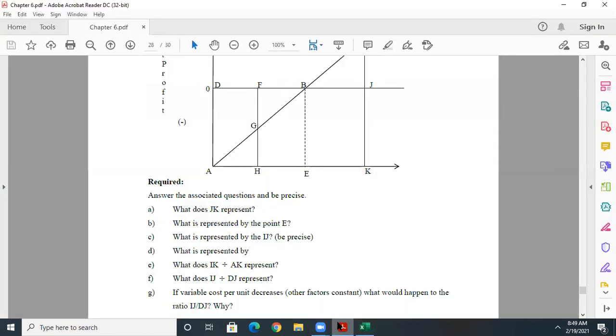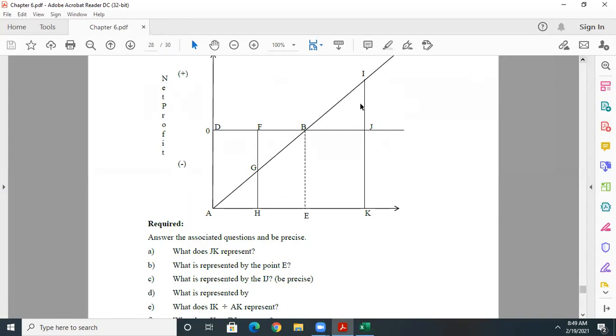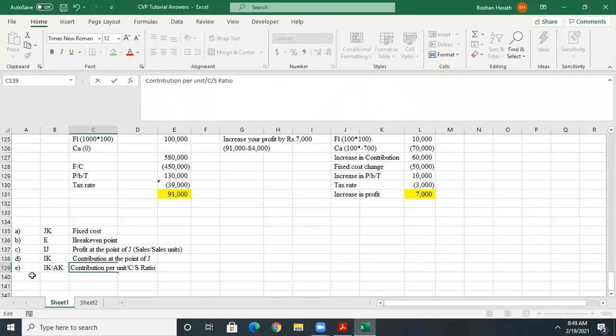Good job. Then part F: what about IJ divided by DJ? Part F, IJ divided by AJ.